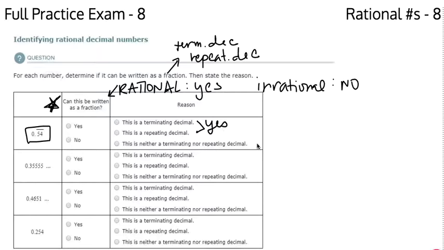If you mark no, you would be choosing it's neither terminating or repeating. So if it's one of these, your answer is yes. If it's neither, it's no. So you can actually handle this situation by looking at the reason first and then determining if it can be written as a fraction. Because if it's terminating or repeating, yes, it can be written as a fraction.